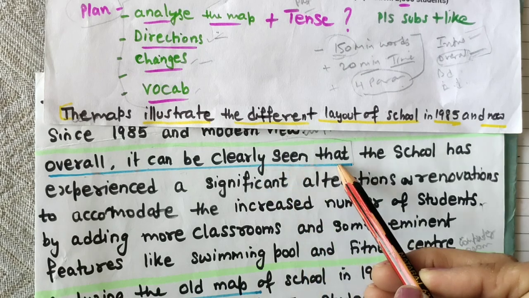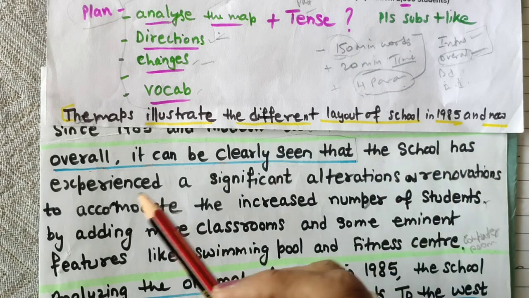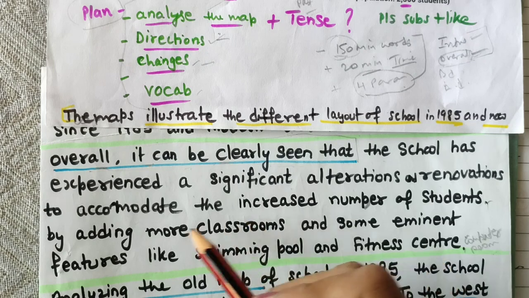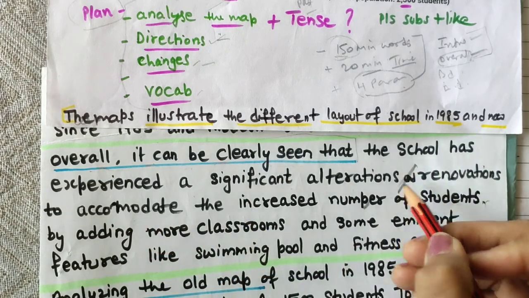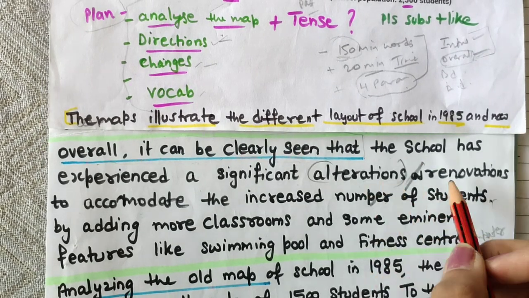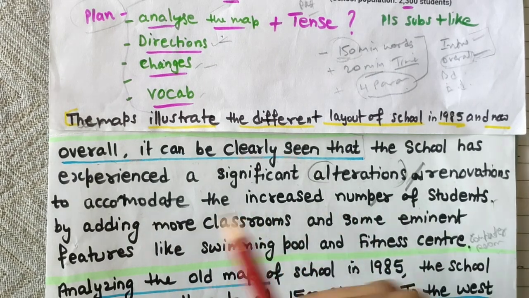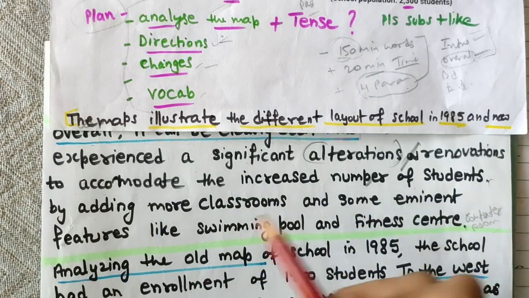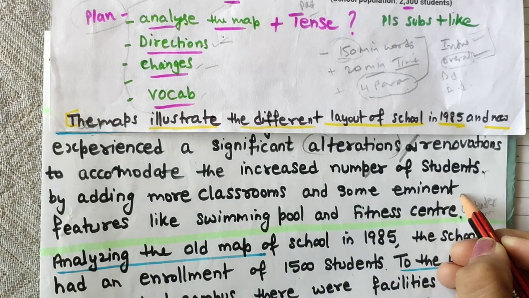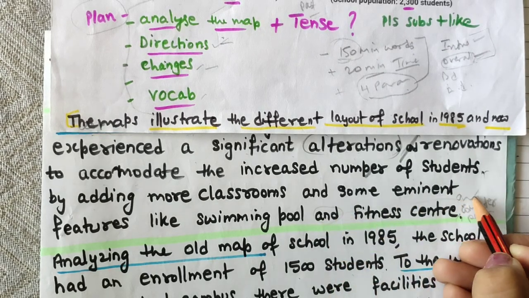Then you talk about the main thing: the school has experienced significant alterations, or significant renovations, to accommodate the increased number of students by adding more classrooms and some eminent features like a swimming pool and fitness center, computer room also. Here you can use the word "and".